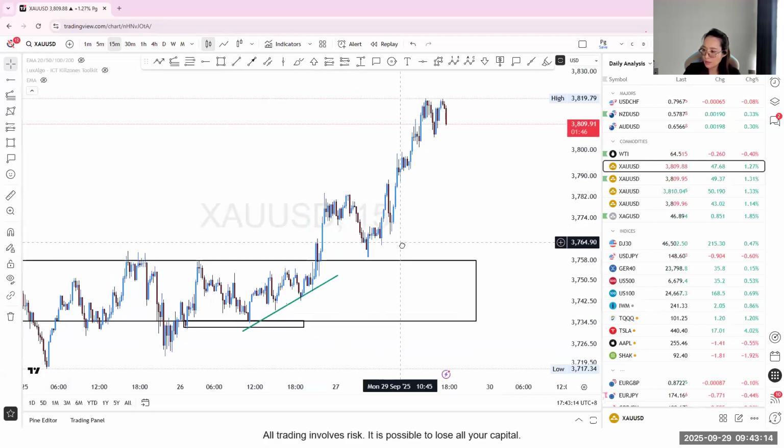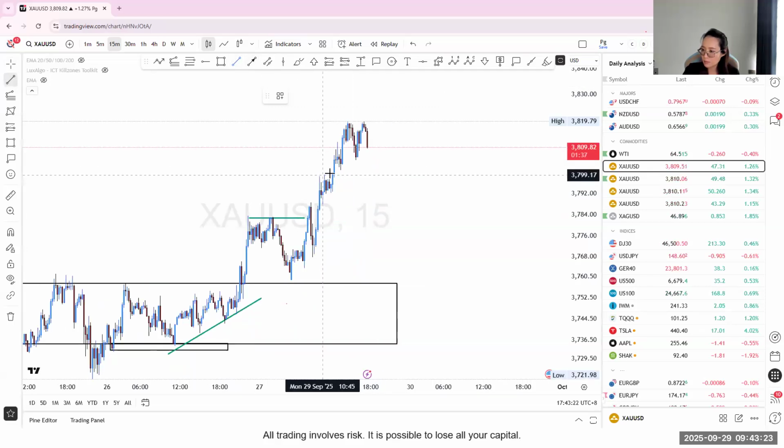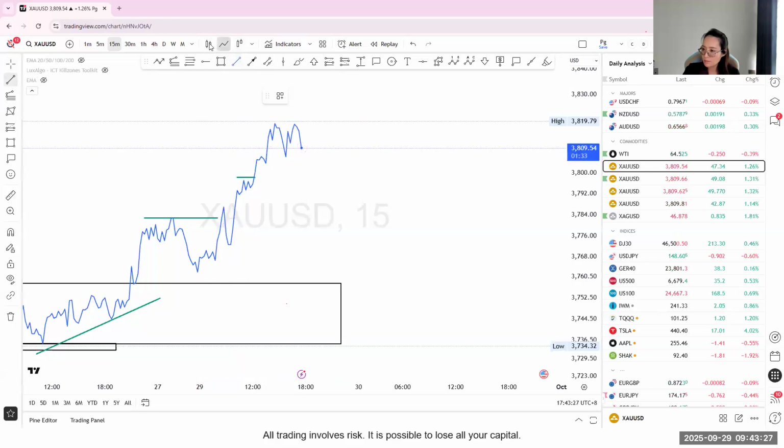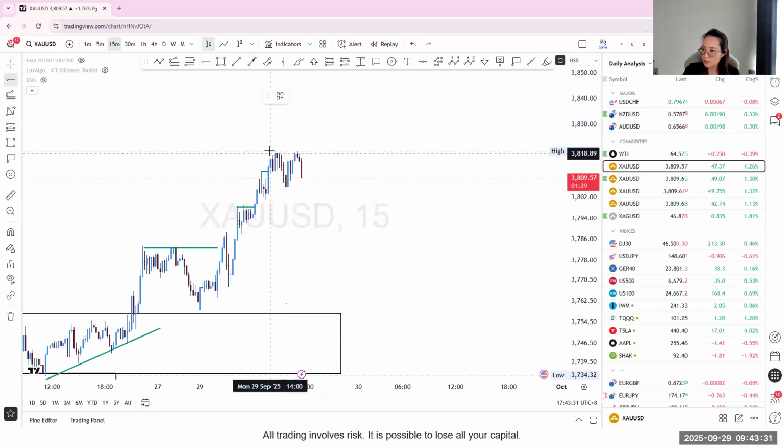Okay, and now it pull back to the box and continue to make the breakout structures. Okay, and then break all-time high, and they break the all-time high. Now, gold was at the ATH right now.